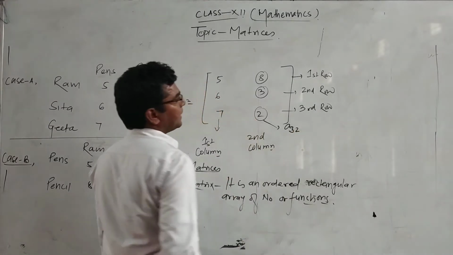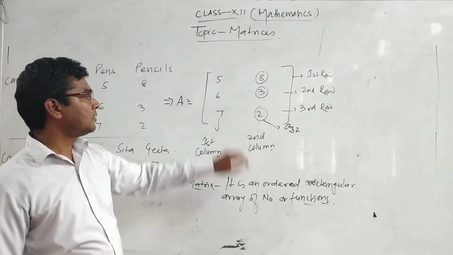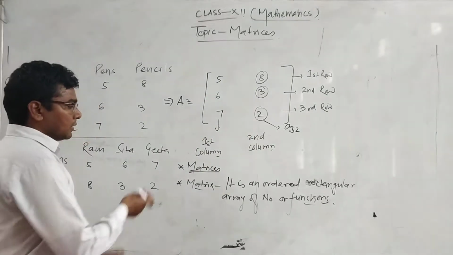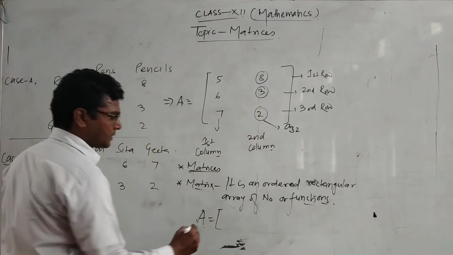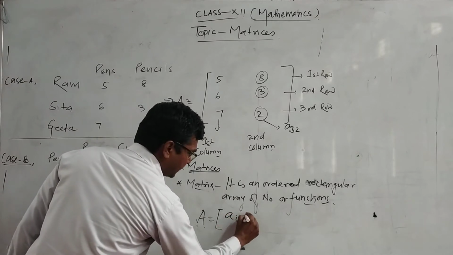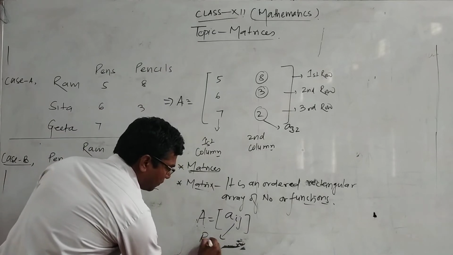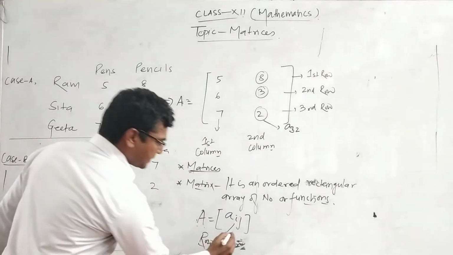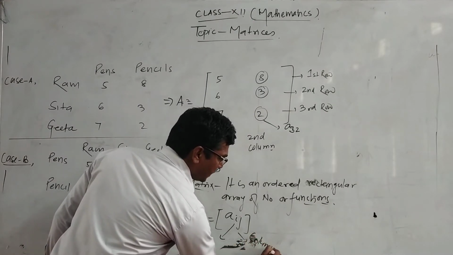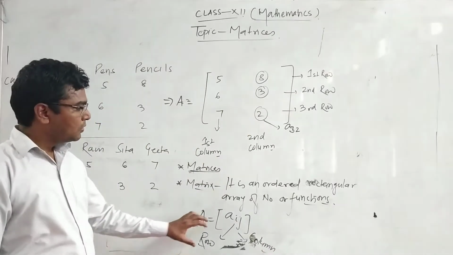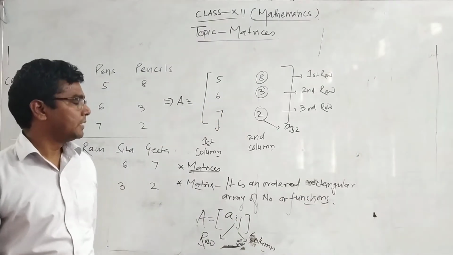So this is the address of this number. Similarly, you can write the address of other numbers. The representation will be Aij, where i represents the row in which the element lies, and j represents the column in which the element lies. So this is the general representation of a matrix.